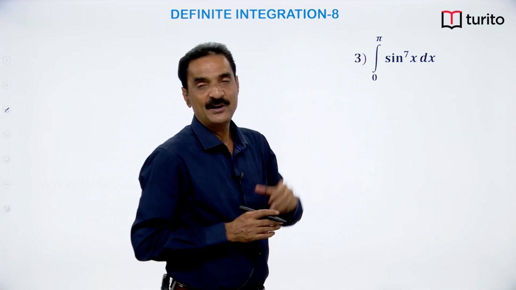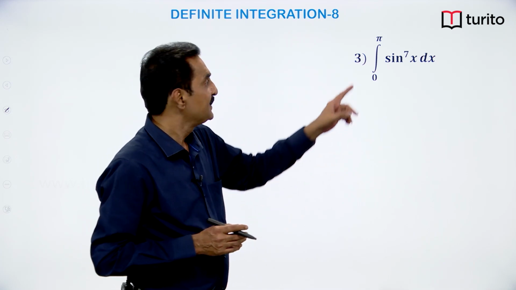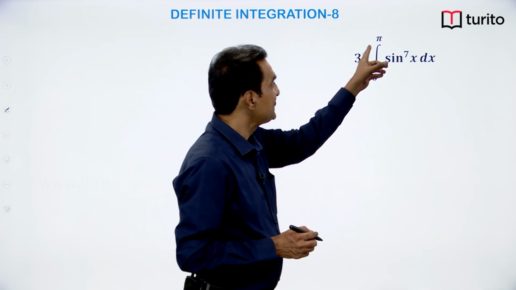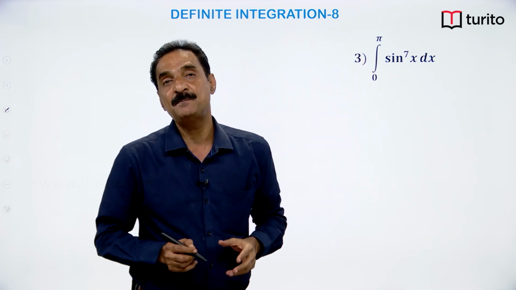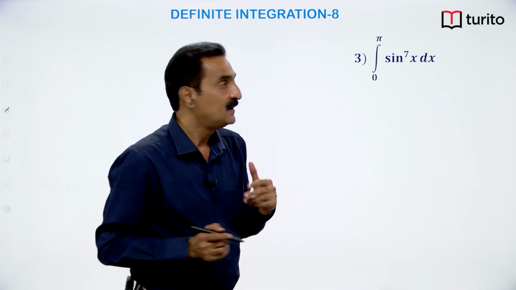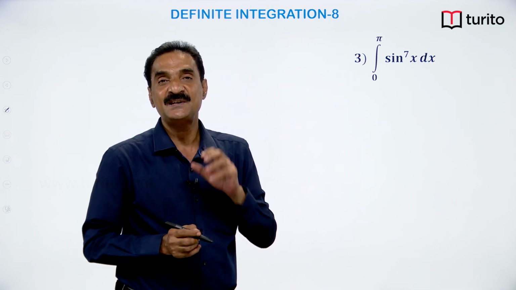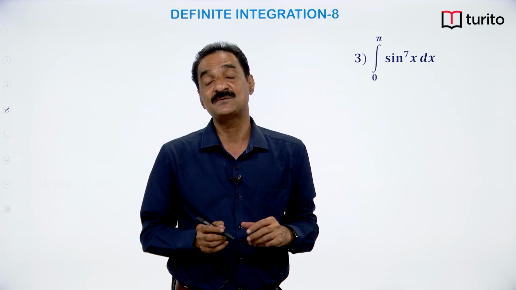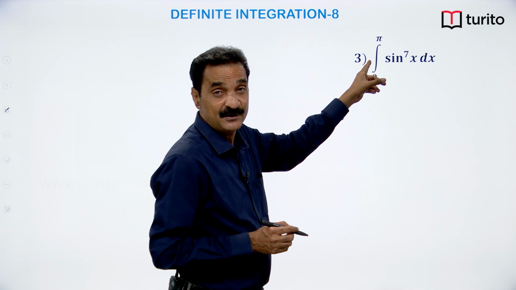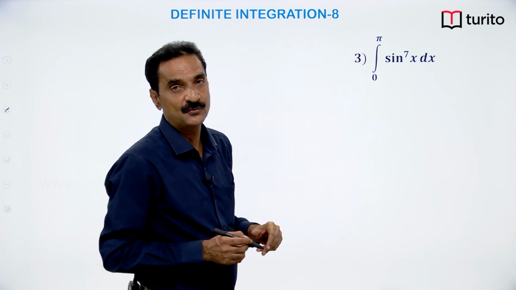If the limits are 0 and a, what is the property you can use? Replace x by pi minus x. If you replace x by pi minus x, you know that sin pi minus x is sin x. So function remains same. If the function remains same by replacing x by upper limit minus x, what can you do? What is the corresponding property? You can multiply the integral by 2 and divide the upper limit by 2.